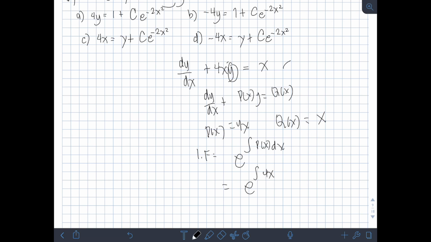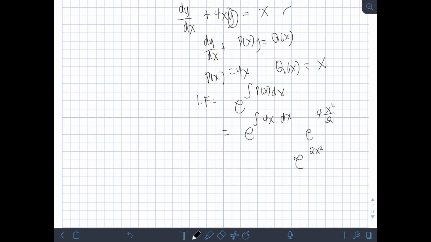Then, the integral of 4x is 4 times x squared over 2, right? Power rule. So, it becomes e raised to 2x squared. Okay, then the solution: y times the integrating factor equals the integral of q of x times the integrating factor dx plus c.